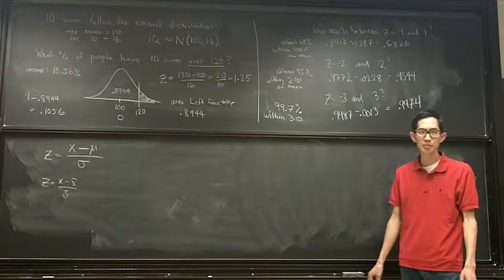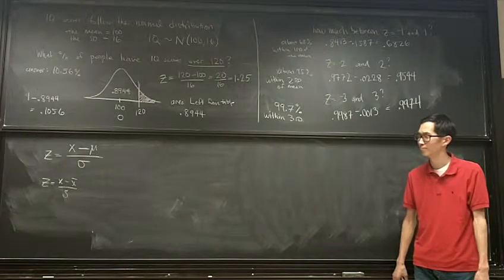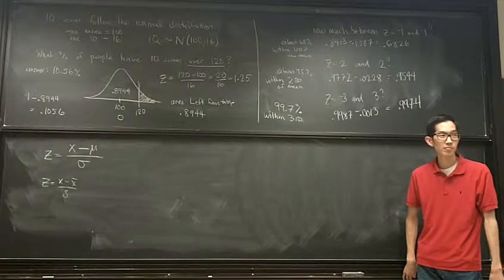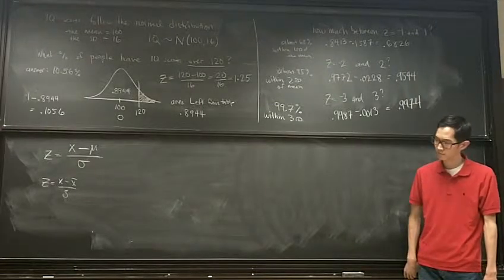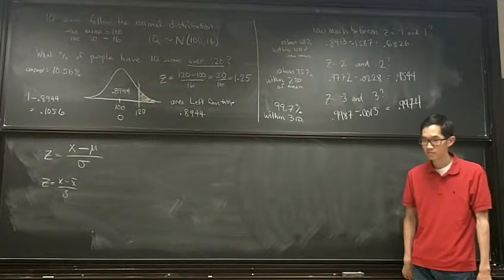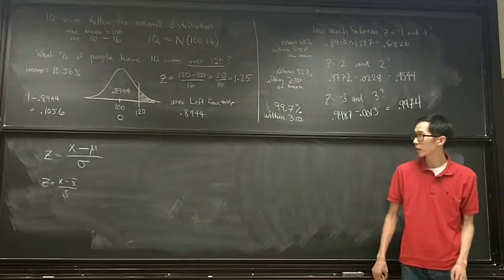Maybe I don't understand your question. What I saw you did was 120 minus 100. Then we had to go over to the other side of the table and subtract to get to the negative side. So if we did 100 minus 120, it gives us a negative number, and pulls up the 0.1056. No, you cannot do that, alright?